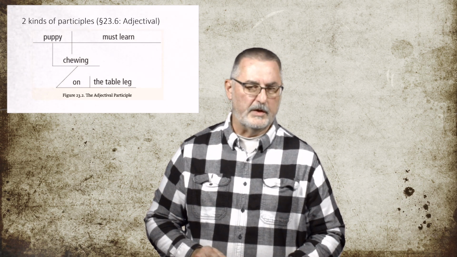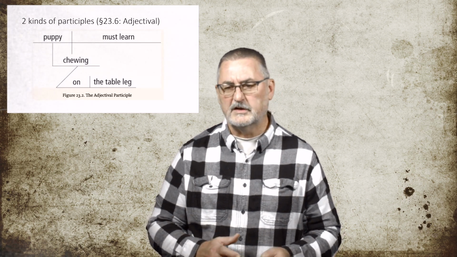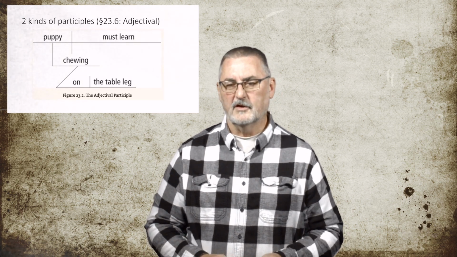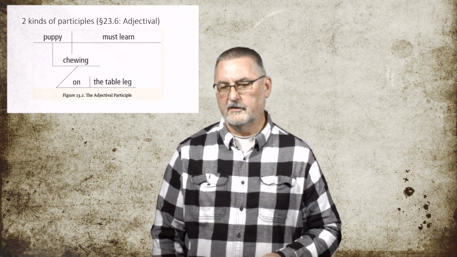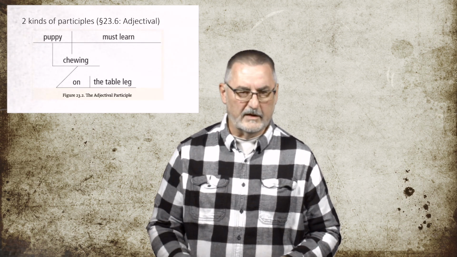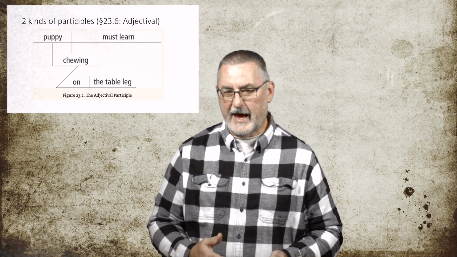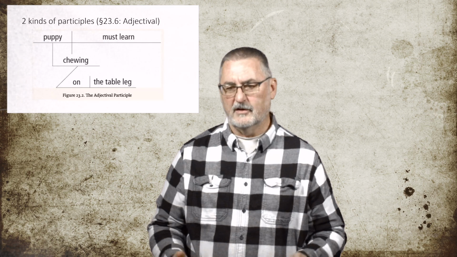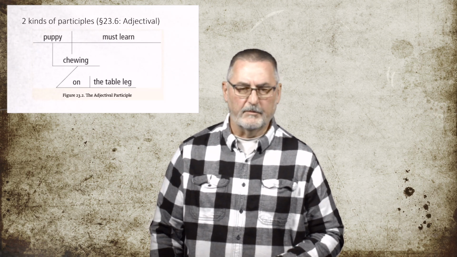It's not the puppy that is sleeping peacefully in his kennel that must learn. No, it is the puppy that is chewing on the table leg that must learn. The chewing is the participle, and it is acting as an adjective, modifying, telling us more about puppy.